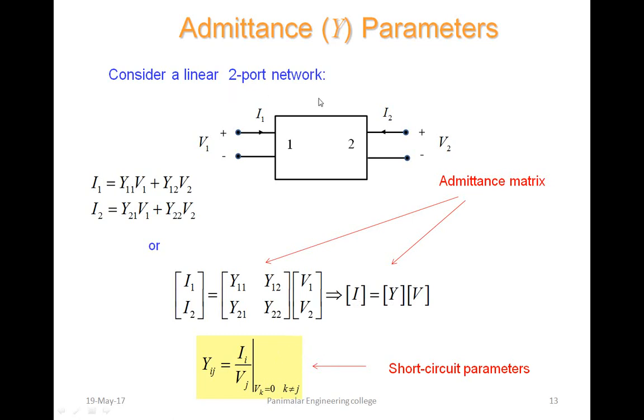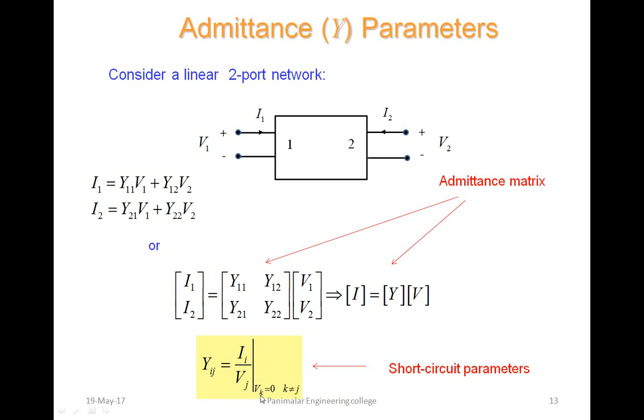Admittance parameters can be analyzed as short circuit parameters. In the analysis of short circuit parameters, voltage becomes 0 because a short circuit will have current as maximum, voltage as minimum. So by looking at this expression, admittance at a respective port is written as I by V by short circuiting a particular port.